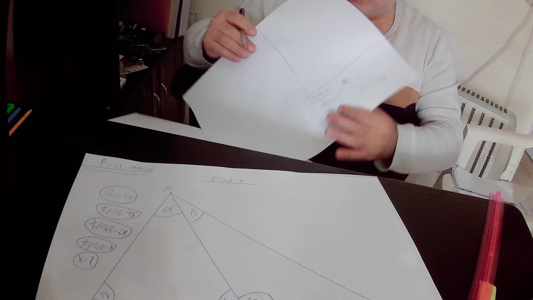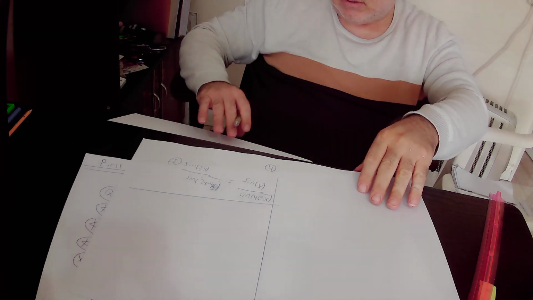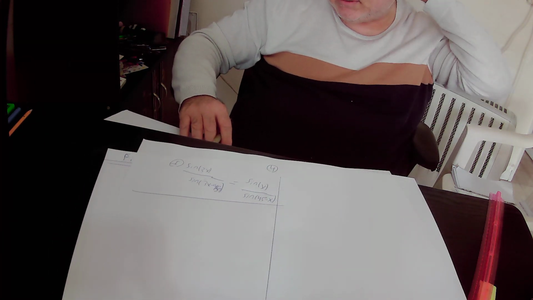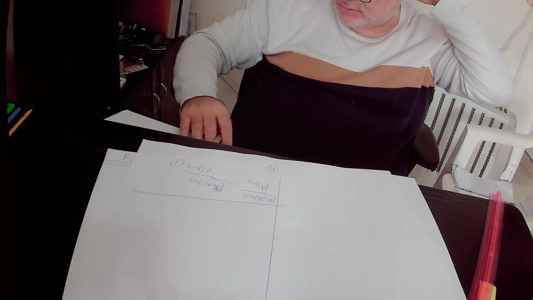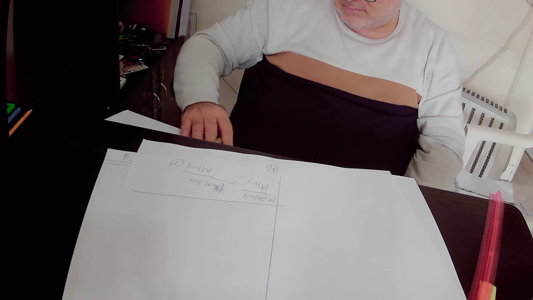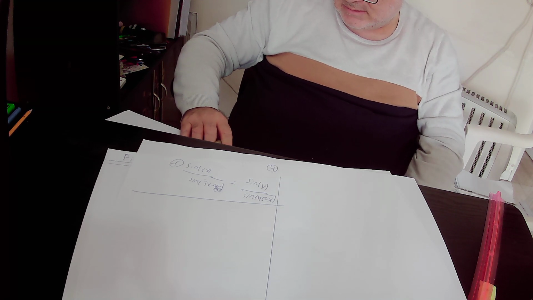So according to equation number 1, sine 3x over sine (3x plus 45 degrees) equals sine x over sine (45 degrees minus x).